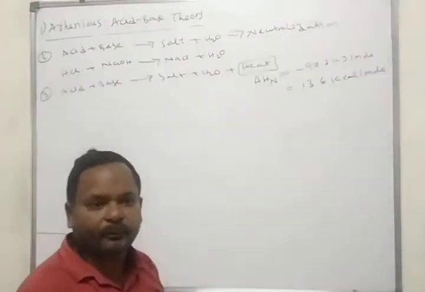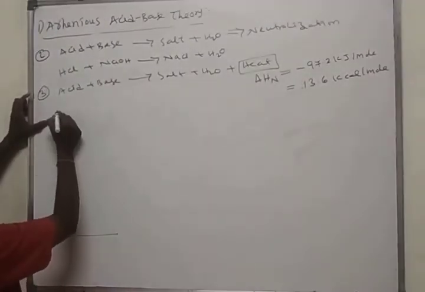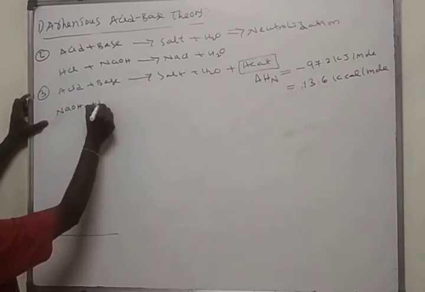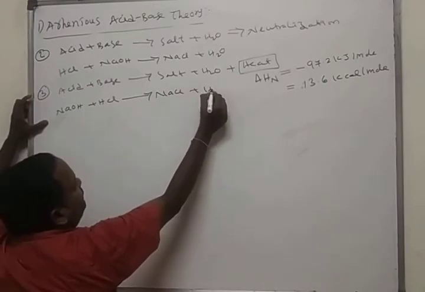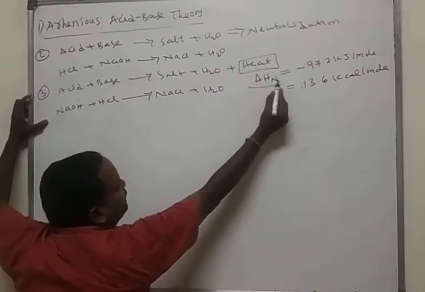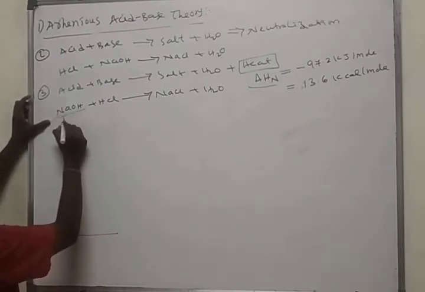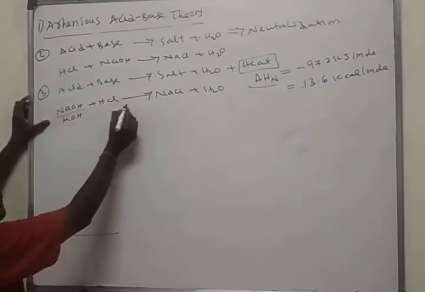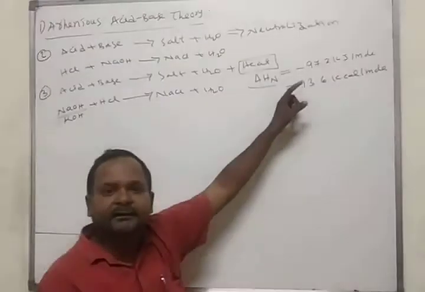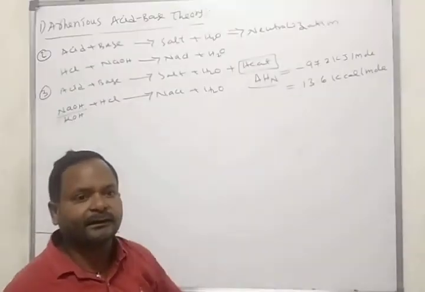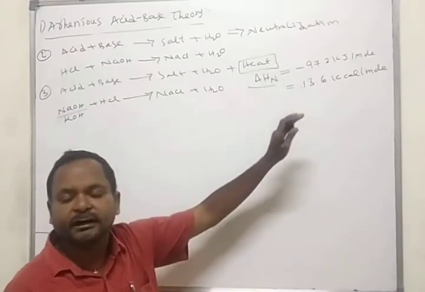For example, sodium hydroxide plus hydrochloric acid gives sodium chloride plus water, and the heat of neutralization is minus 97.2. If instead of sodium hydroxide you take potassium hydroxide, or instead of hydrochloric acid you take sulfuric acid, we get the same heat of neutralization.